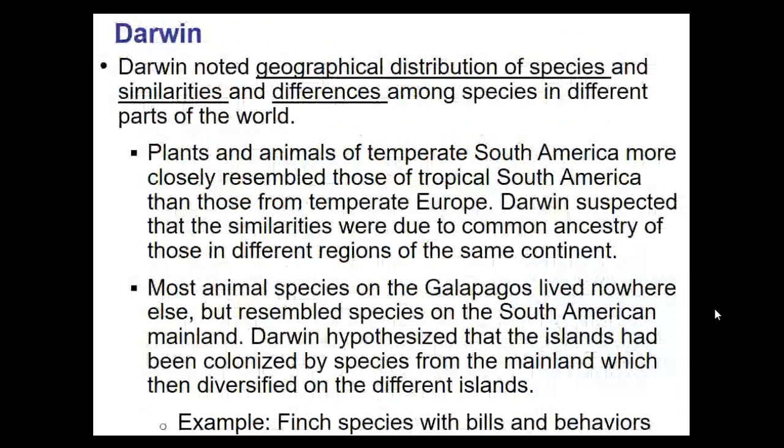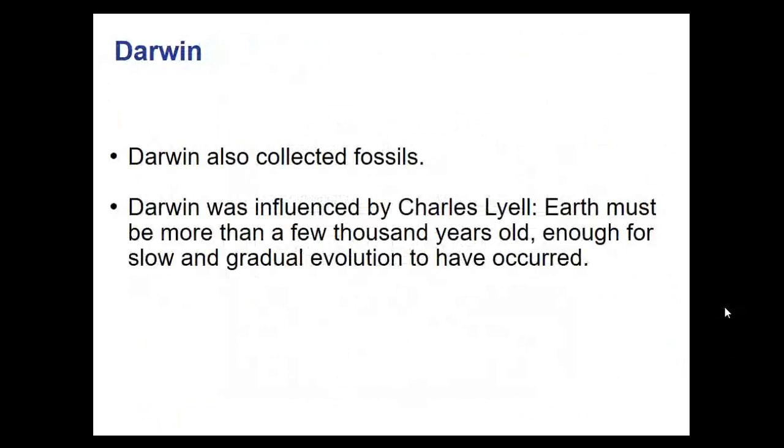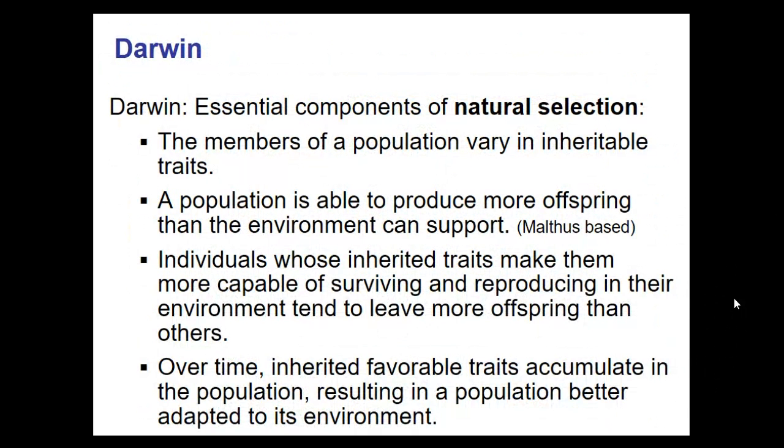So you need to understand what natural selection is. There has to be variation in a population for natural selection to happen, because in natural selection, some individuals have genetic traits that make them more likely to survive and reproduce and pass on those good genetic traits, compared to others in the population who have less favorable traits that make them less likely to survive, and they're less likely to pass on those unfavorable traits.